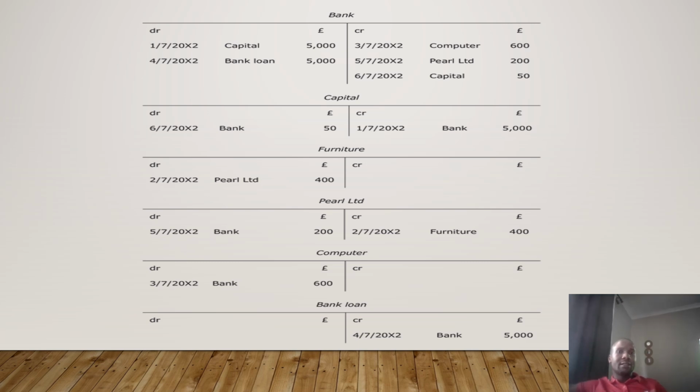That's why we have a debit entry going to the bank and a corresponding credit entry went to the capital account. I will not go back into details. We already looked at the double entry rules and how we record each and every transaction. But in this lesson, we are interested in how we're going to balance off these accounts and prepare a trial balance thereafter.